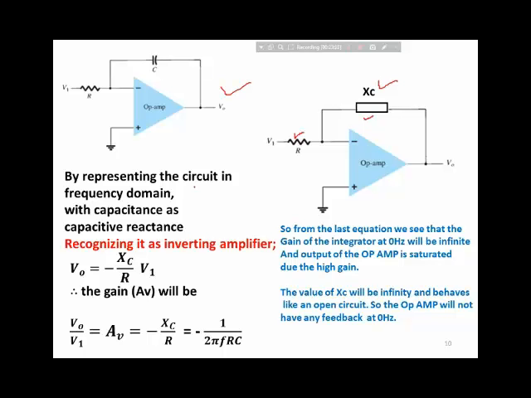So by replacing the capacitance with a capacitive reactance in the frequency domain, the circuit would be an inverting amplifier that gives output in terms of input by this relationship.